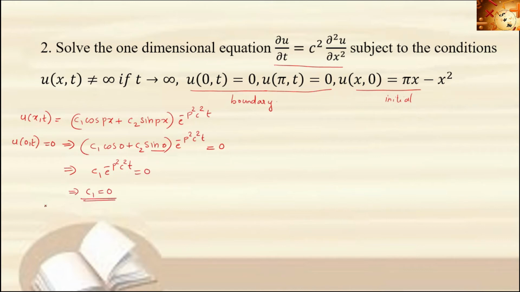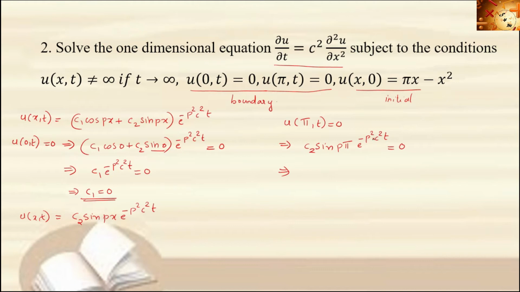Okay. Therefore, our solution will be u of x comma t is equal to c2 sin px into e raised to minus p square c square t. Next, we are giving u of pi comma t equal to 0. So c2 sin p pi into e raised to minus p square c square t is equal to 0. Here also, if c1 is equal to 0, we cannot equate c2 to 0.